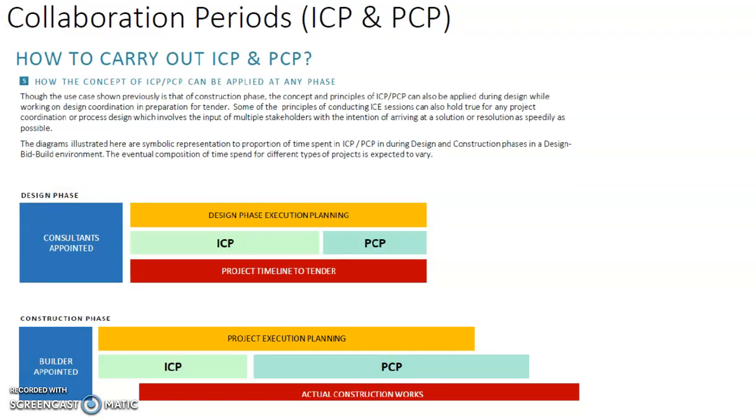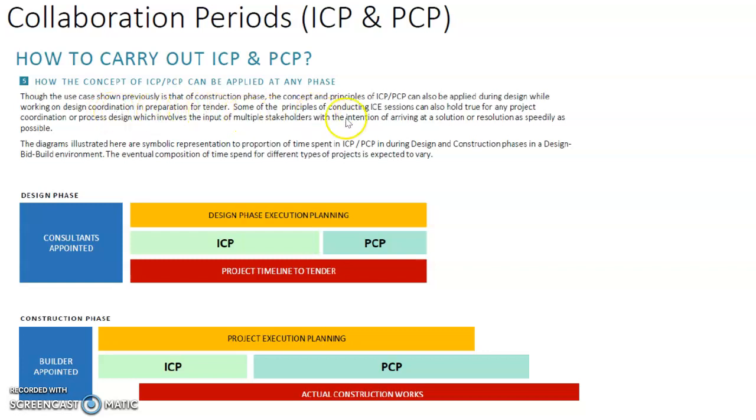The concept of using ICP and PCP can be carried out during the construction stage, and it can also be done during the design stage. Though the use case that we were talking about just now was based on the construction stage, the principles and concepts of the ICP and PCP can also be applied during design, while working on the design coordination in preparation for tender.